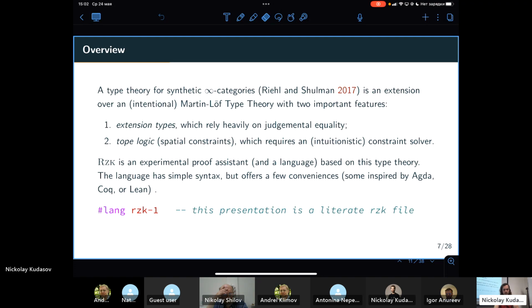In any way, the language is quite straightforward, and I will give you some examples of the syntax. Generally, it's inspired by the three popular proof assistants, Agda, Coq, and Lean, which are all based on dependent type theory, which is important because that's also what this type theory is based on.